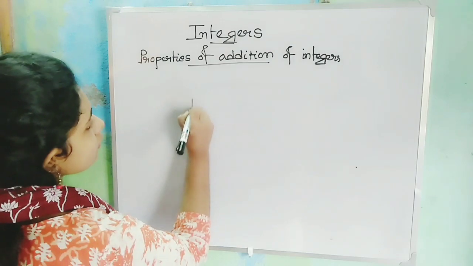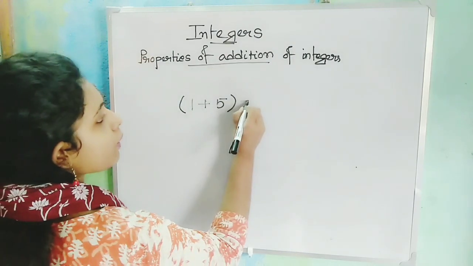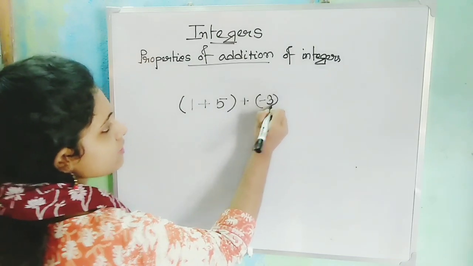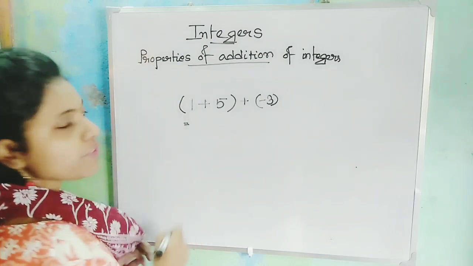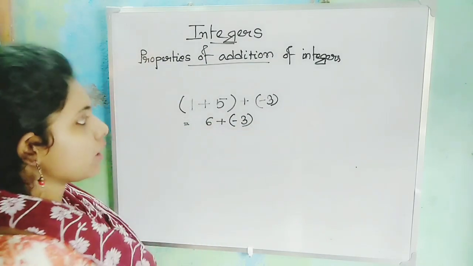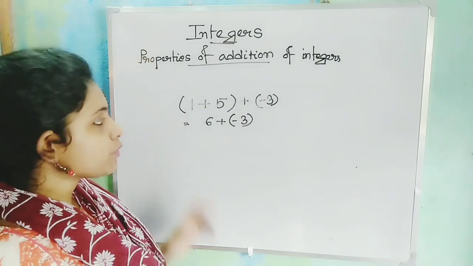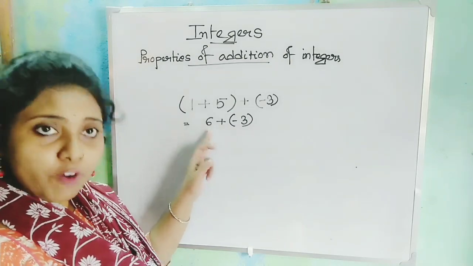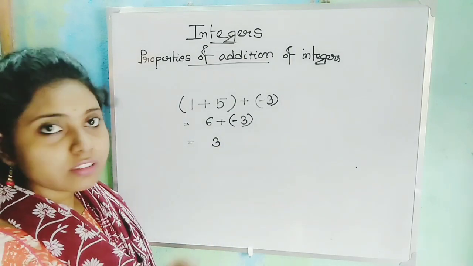See, 1 plus 5 plus minus 3. Let's do it. 1 plus 5 means 6, plus minus 3. Now 6 plus minus 3. So we have to subtract 3 from 6. So 3, and what will be the sign?